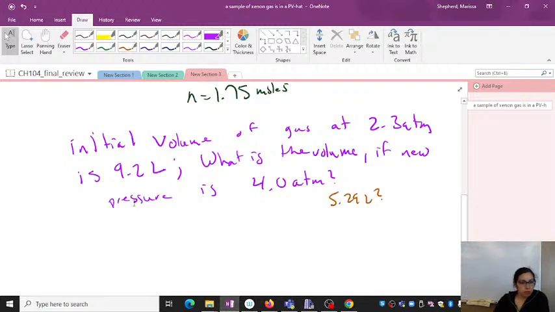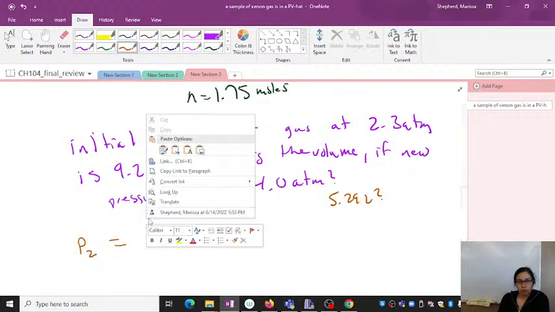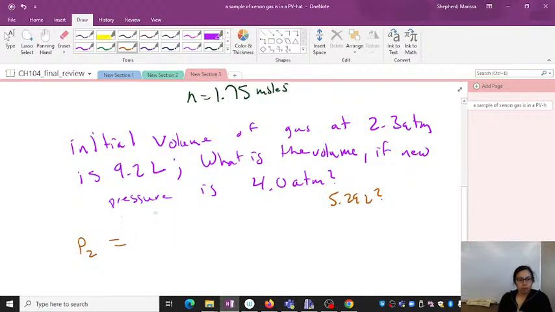So what equation did you use? What was it called again? Oh, right, volume 2 equals V1 times P1 over V2. Yep.